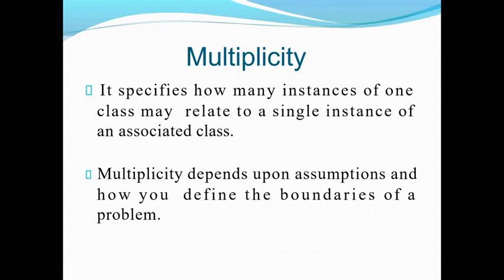And one more thing: whenever you associate multiplicity with any object, you have to represent it through the one to many concept, many to many concept, or one to one concept. But here we cannot directly write one to one.